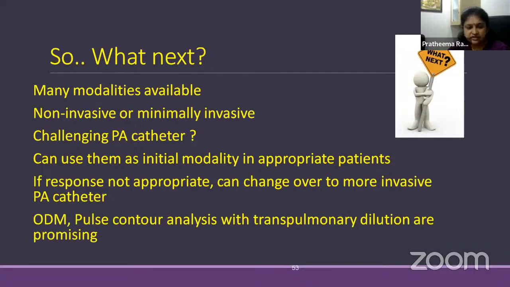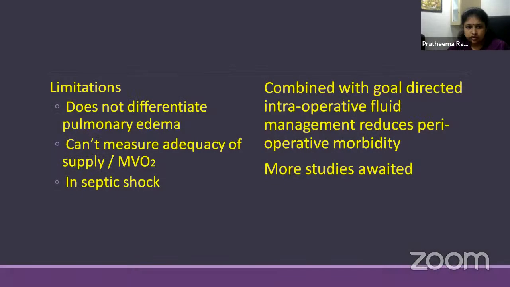And as I already said, the esophageal Doppler monitor is gaining popularity in Western countries. It is being used in almost all the patients undergoing high-risk surgeries. So limitations are there. We cannot differentiate pulmonary edema. Yes, we always look at the cardiac output, how it is changing, but is the lung getting wet is what we need to think about.